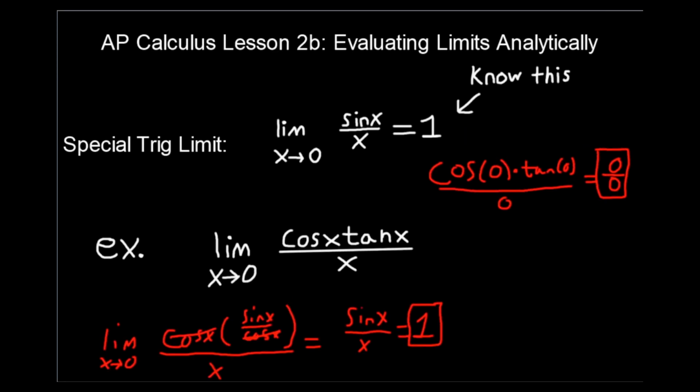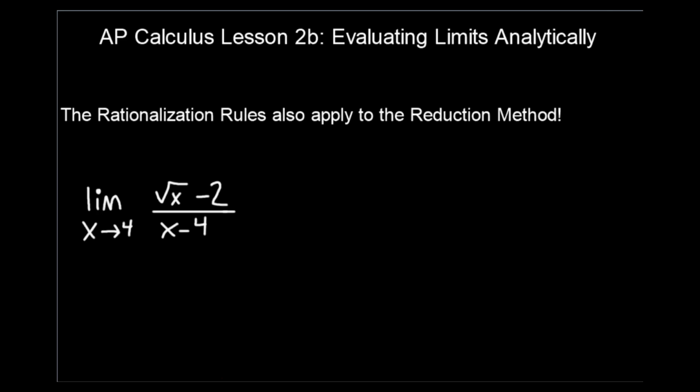Okay, so this is the final problem I'm going to do, but the rationalization rules also apply to the reduction method that I mentioned earlier at the start of this video. So our example here is the limit as x approaches 4 of the square root of x minus 2 over x minus 4.